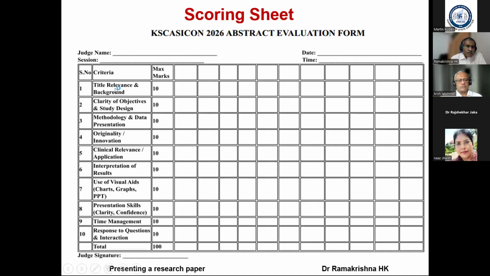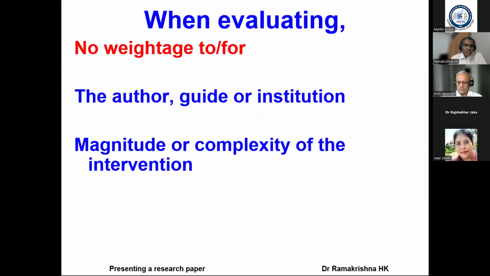Please note there are various heads, starting from title, then objectives, methodology, originality, up to time management and how the student responds to the questions by the judges and the audience. Each heading has 10 marks, and the marks are allotted by the judges independently.